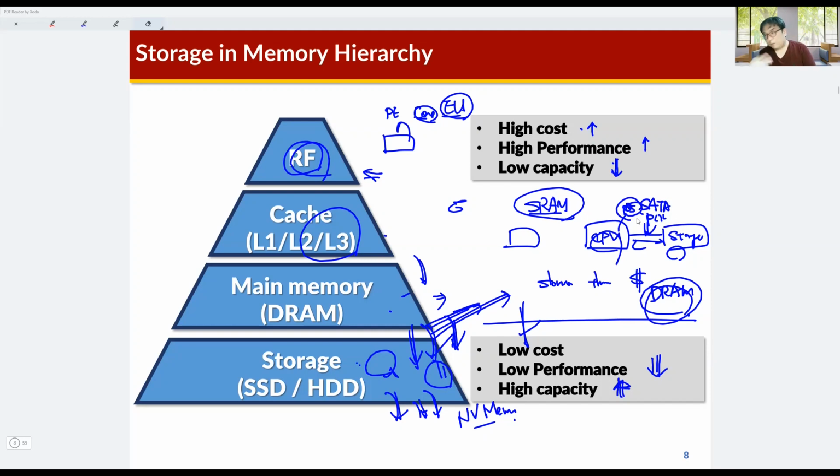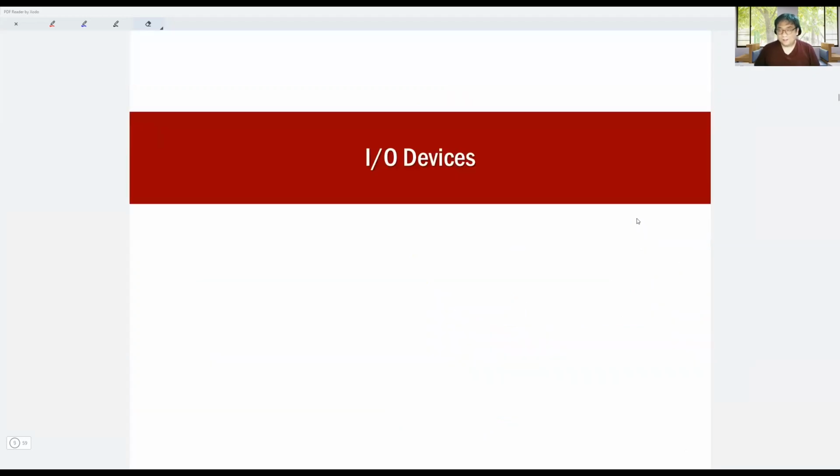So the performance of the storage system or these I/O devices is very critical in the entire computer system. That's why we are focusing on the storage system, even though we are computer architects. Recently the computer architecture communities also focus on the storage architecture or storage systems. That's why we are learning about the storage system in this course.